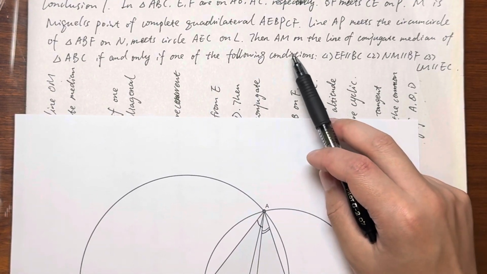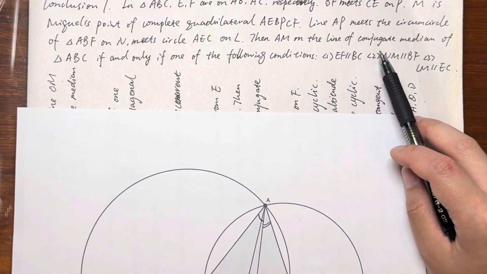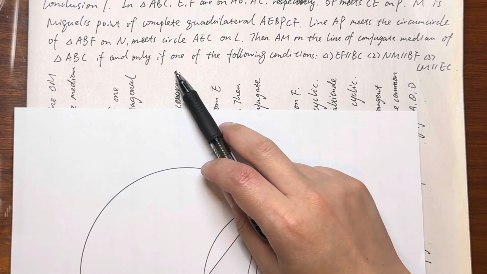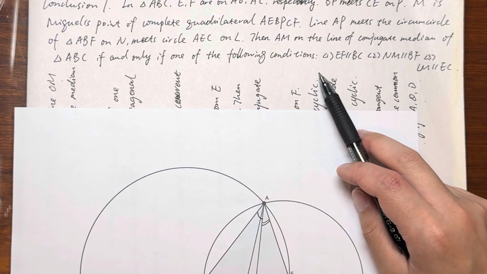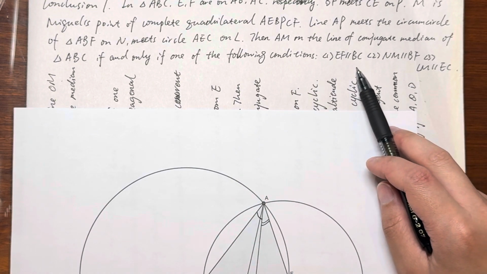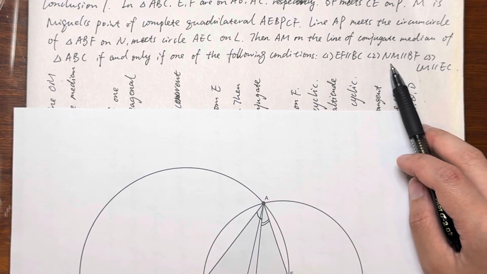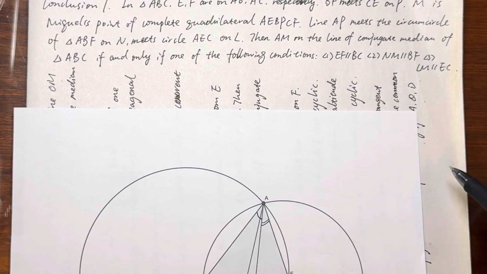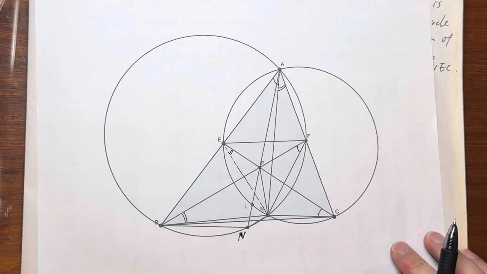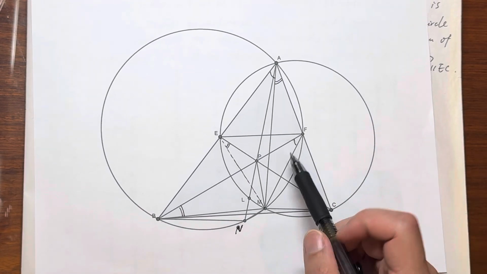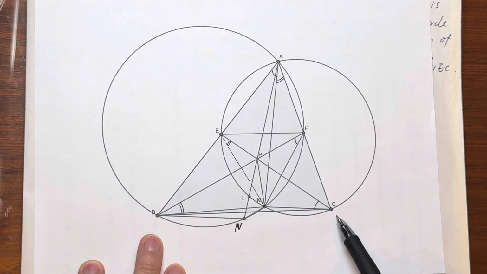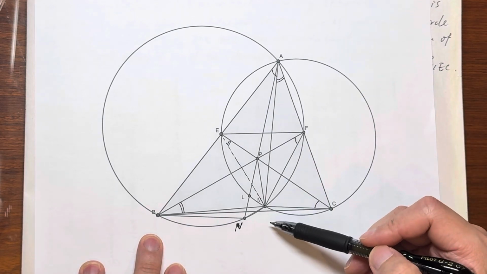It's saying that AM is on the line of the conjugate median of triangle ABC if and only if one of the following conditions holds. First, EF is parallel to BC. Second, NM is parallel to BF. Third, LM is parallel to EC. If you look at the figure, we just proved that if EF is parallel to BC, then AM is a conjugate median.